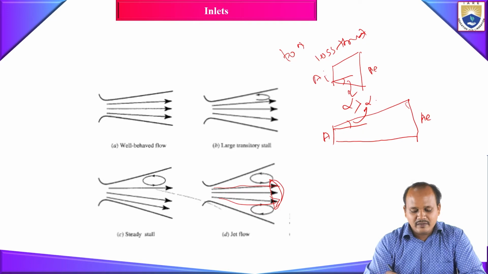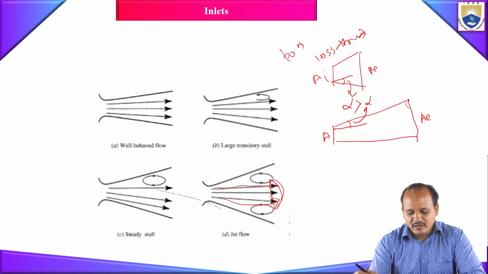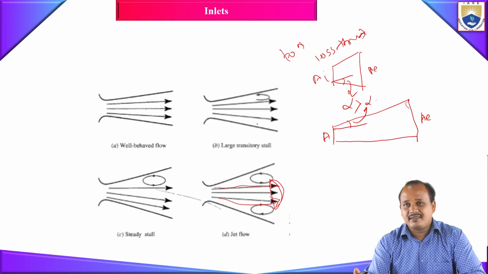Okay, so it is very, very important to design your intake in such a way that you won't have the problem of this jet flow formation. You can control this transitory stall by energizing your boundary layer, similar to the method we use on airfoils or wings.